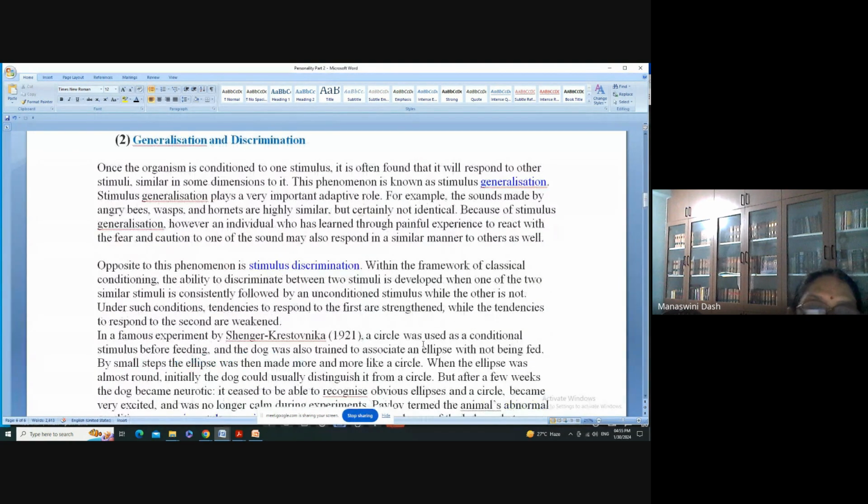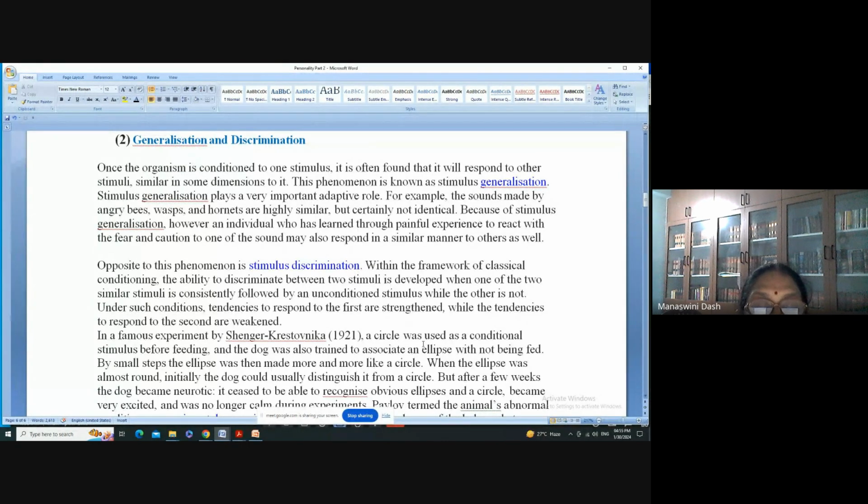The second concept in Pavlov's theory is generalization and discrimination. Once the organism is conditioned to one stimulus, it is often found that it will respond to other stimuli.